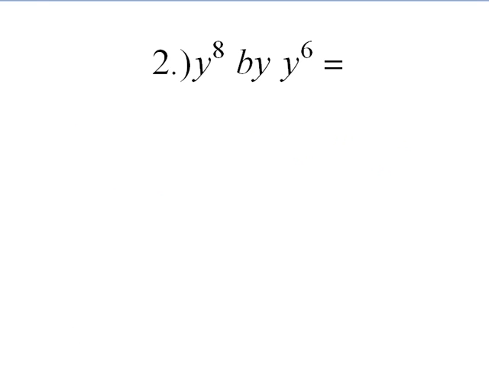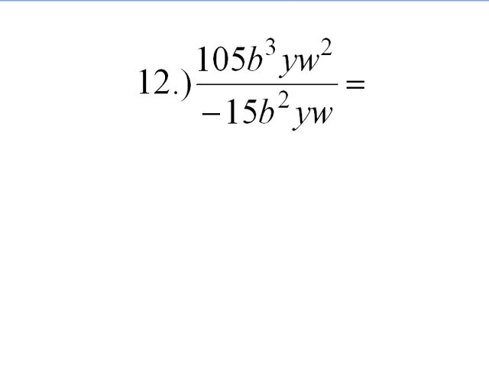Let's get a little more complicated. Here's a good one. Okay, we first need to take the constant 105 and divide it by negative 15. That should be about negative 7.